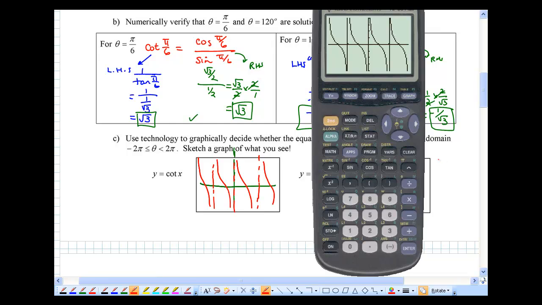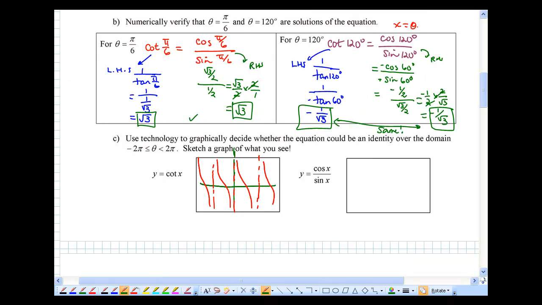So, because it's the same, what I've done now is visually proven or confirmed that cotangent x seems to be the same thing as cosine x over sine x. Yay. Same. Okay? And that's how you verify things, both graphically and numerically.